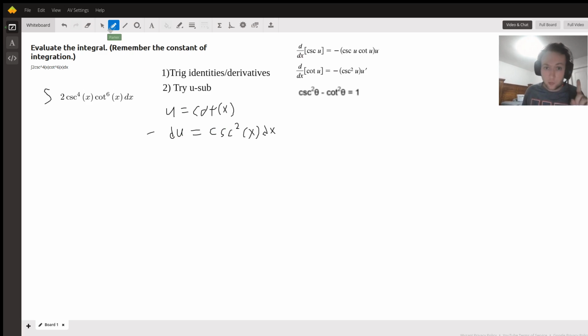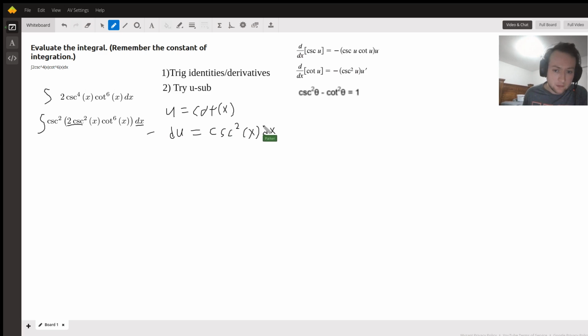Now this is the one step that really will make the rest of this make sense. Before we start doing any u substitution, we're going to change this formula just a little bit. I have it right here. So what I've done here is I've simply changed cosecant to the fourth to be cosecant squared times cosecant squared, right? Nothing at all there. We have one cosecant squared here times dx.